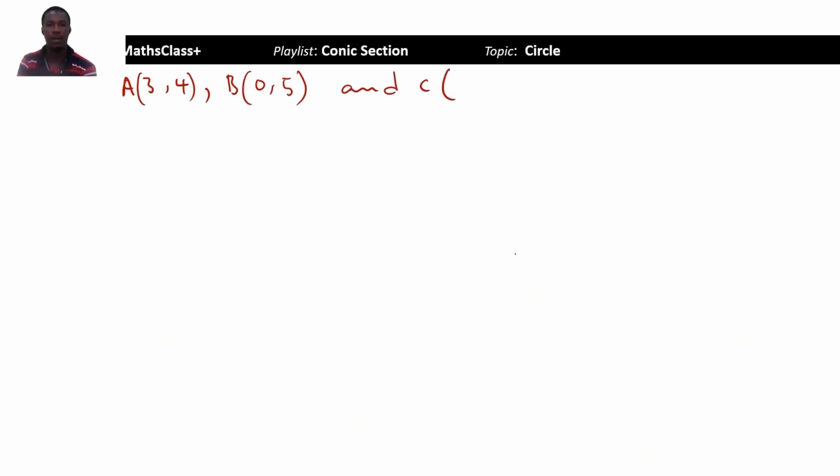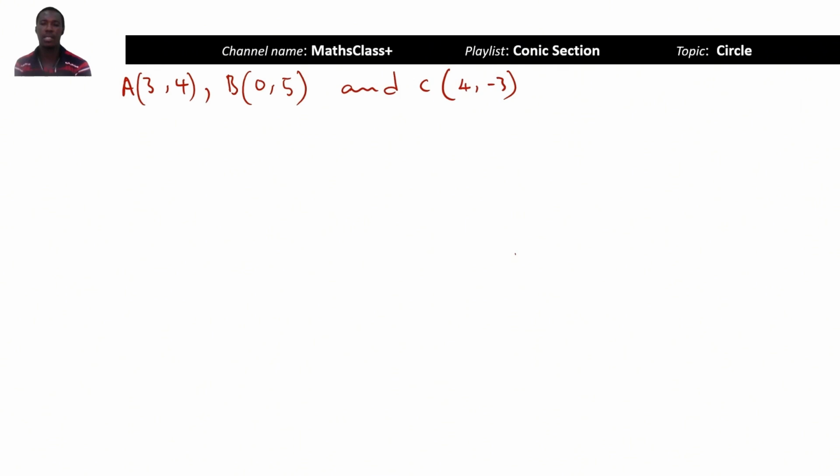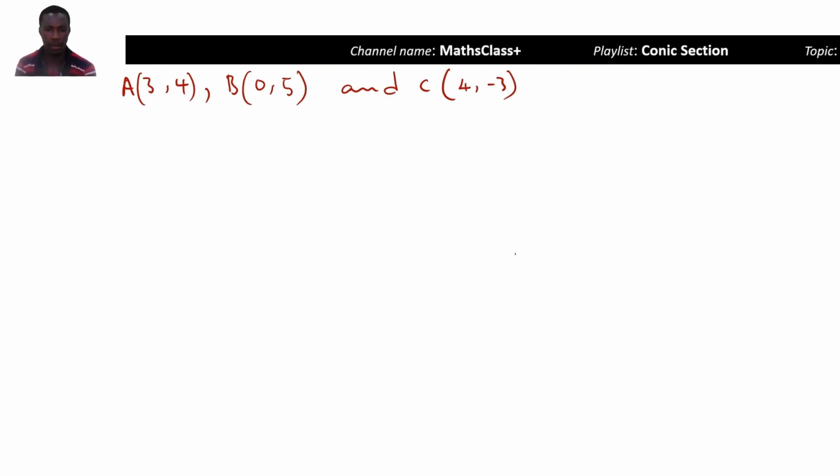We have our point as 3, 4. Let's say that is A. Then we have 0, 5. Okay, let's label that as B. And then the last one, C, which is 4, minus 3. Okay, so we are going to assume that lines joining these points will make a triangle in the circle.